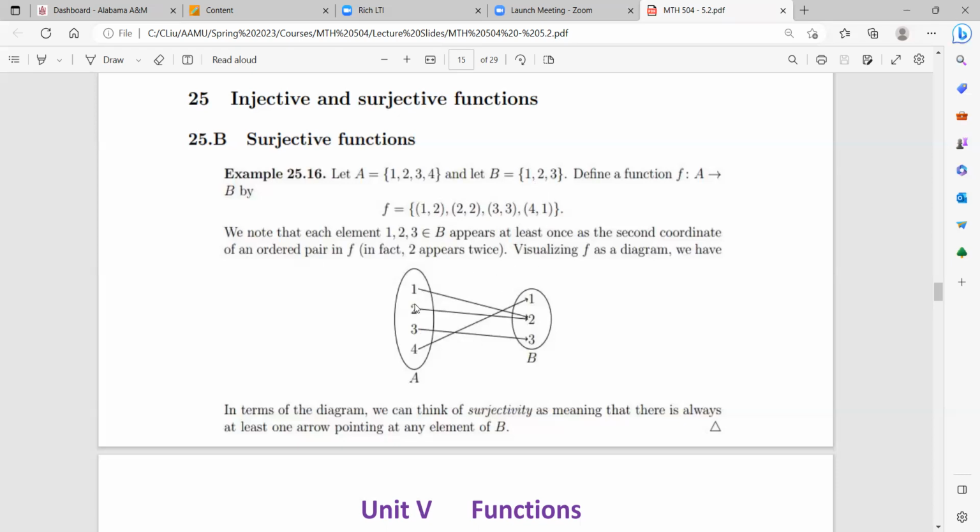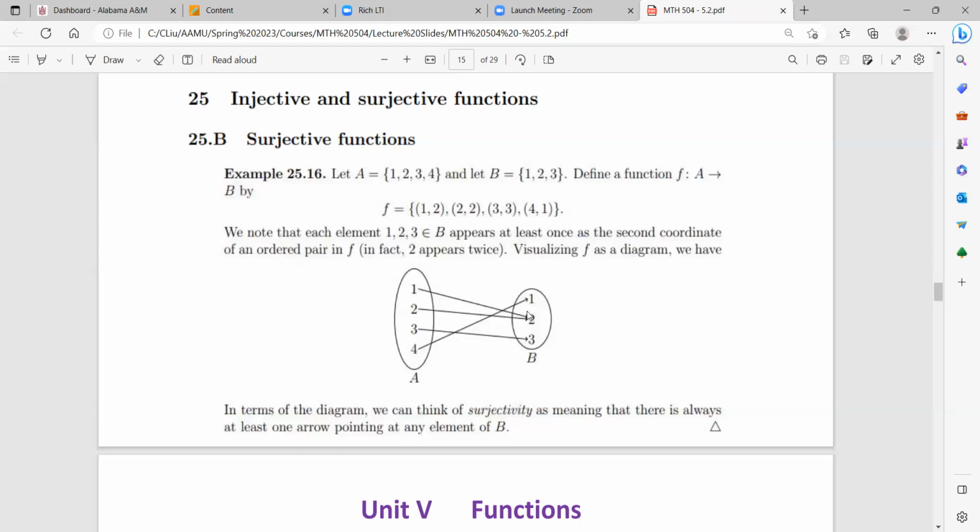And you can easily visualize the function by drawing the diagram and the arrows. There are four numbers in set A, 1, 2, 3, and 4, and three numbers in set B, 1, 2, and 3. Then you can draw an arrow to indicate each pair.